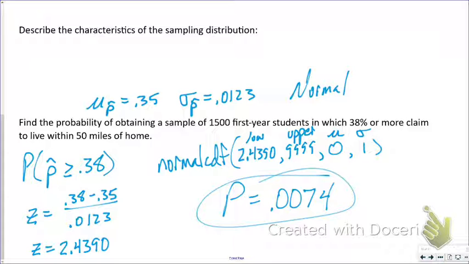So this is a really convenient property or a trick with statistics. Typically, we could treat this as a binomial situation because there's like infinite college students, and we're only looking at 1,500 of them. So we're safe in regards to all the binomial properties. But in the old days, before calculators, that would be a nightmare because you're looking for the probability of x being greater than or equal to 570 out of 1,500.